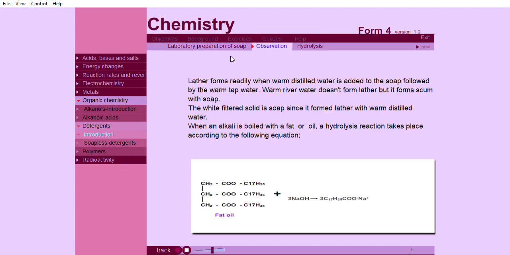Lather forms readily when warm distilled water is added to the soap, followed by the warm tap water. Warm river water does not form lather, but it forms a scum with soap.